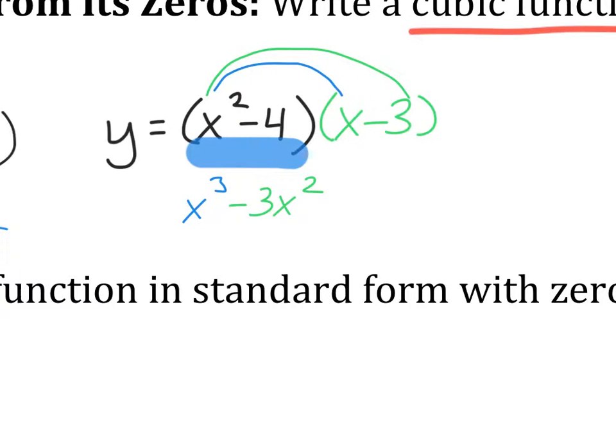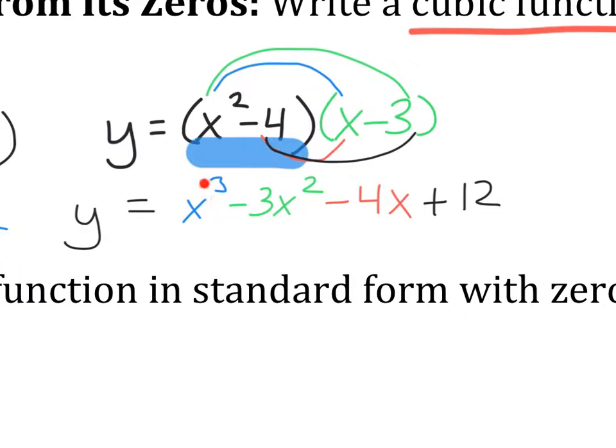Then I take the negative 4 and multiply by the x, negative 4x. And lastly, the negative 4 times the positive 3 to get positive 12. Notice it's already in standard form because of the cubic, the quadratic, the linear, and the constant. So here is my answer.